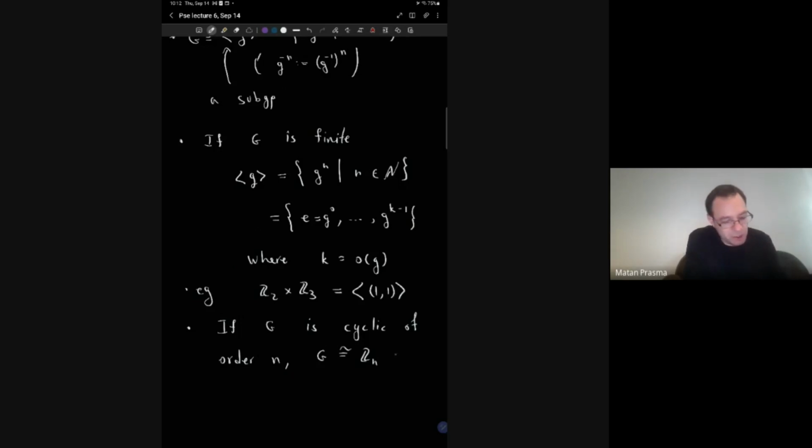Of course, the group of integers modulo n is cyclic because it is generated by 1. You add 1 to itself n times and you get the 0 element. If you think of it, this is kind of a classification, because it tells you that some notion that is abstractly defined as cyclic, at least in the finite case, is always of the form integers modulo n for some n.